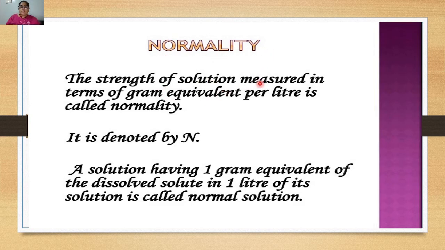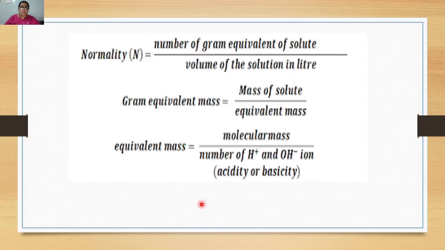The other method is normality. The strength of the solution measured in terms of gram equivalent per liter is called normality. It is denoted by capital N, and the solution having 1 gram equivalent of dissolved salt in 1 liter of solution is called a normal solution.